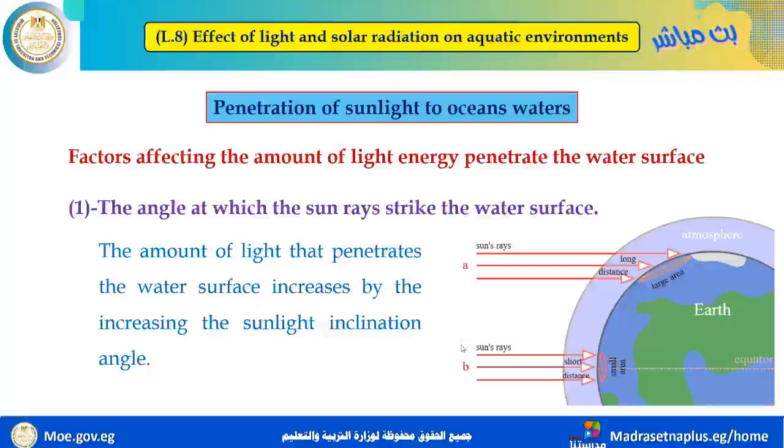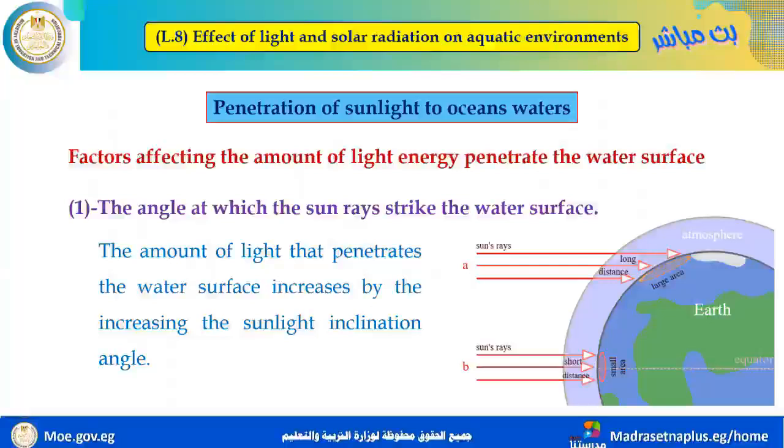Let's talk about the sun rays in the B area, where the sun rays are perpendicular to the surface of the water and concentrated in a small area. So it has high intensity and the sunlight here can penetrate for a long distance. Why? Because it is perpendicular, so it's very concentrated in a small area.